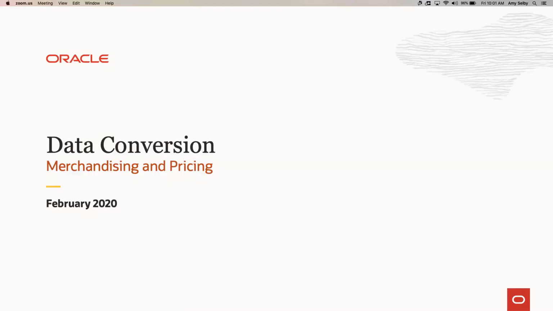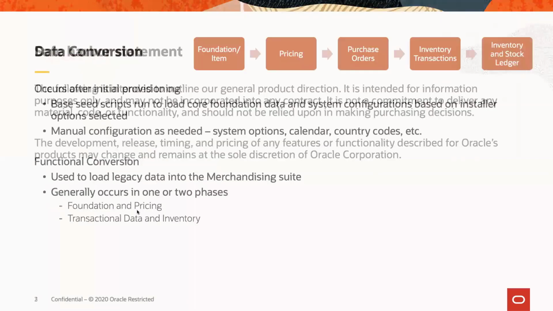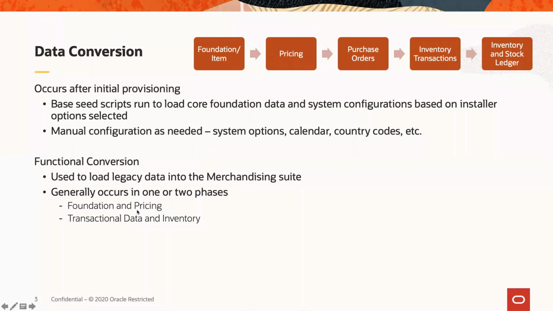Like Angela said, we're going to be talking about data conversion today for the cloud service, focused mostly on merchandising and pricing. So we'll talk about data conversion in two ways. One is more the process, which I think as system integration partners, you're probably familiar with.